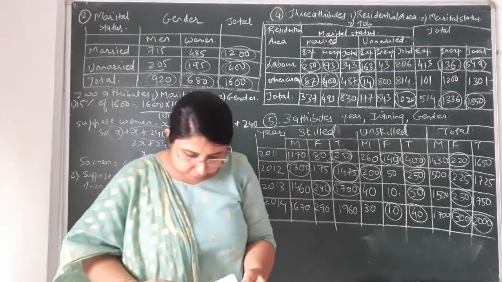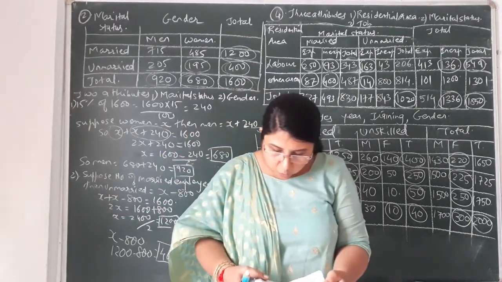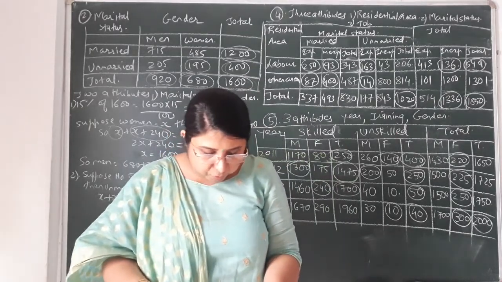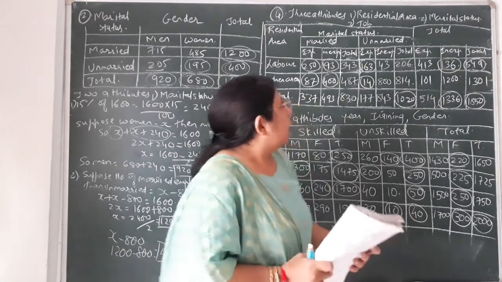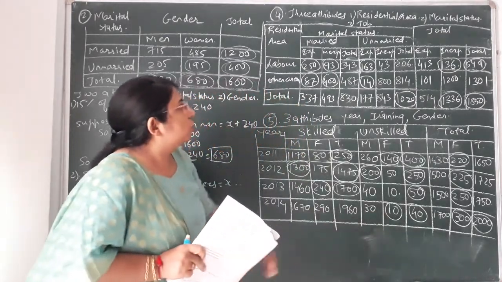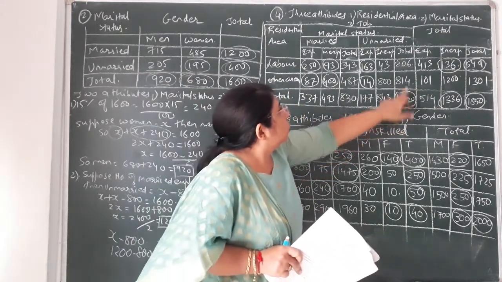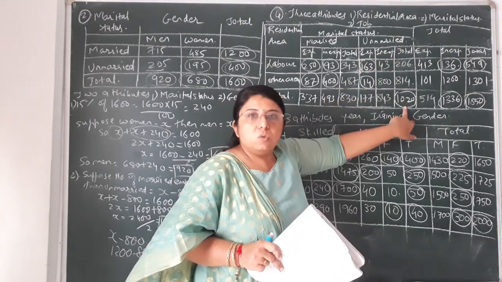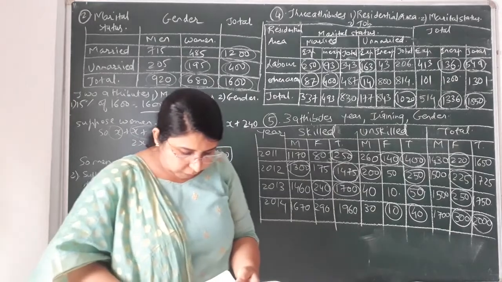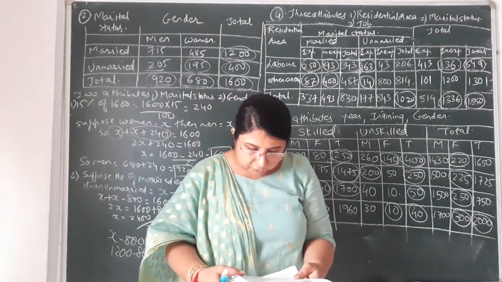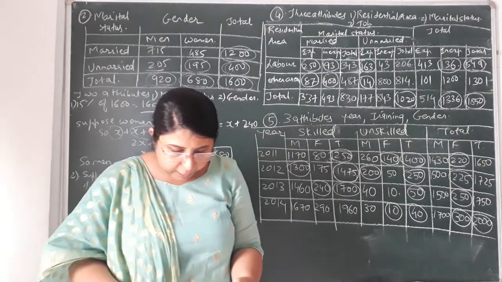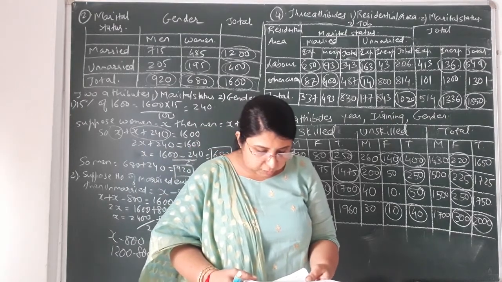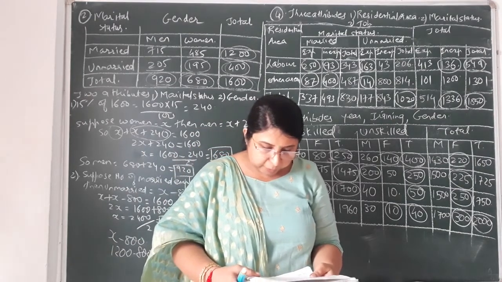Then afterwards, out of total women, 1020 were unmarried. You can see the total of unmarried, this is the unmarried and total box where I have written 1020. Among them, the number of experienced women from labor area and from other area were 163 and 14 respectively.